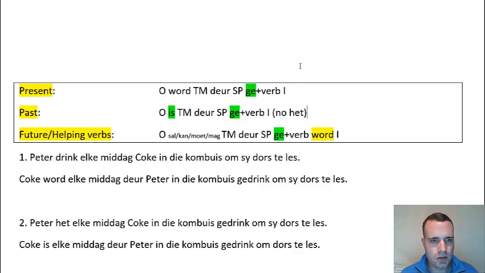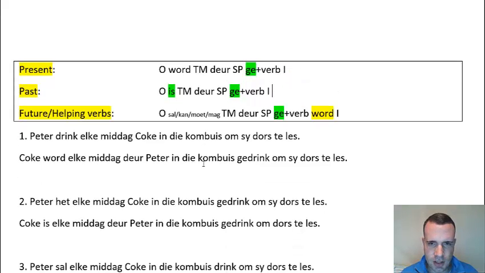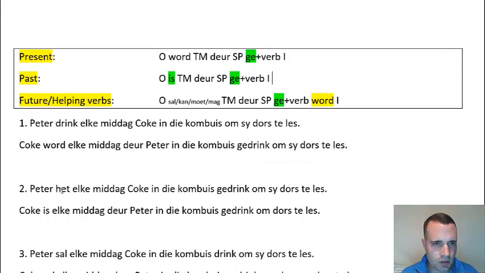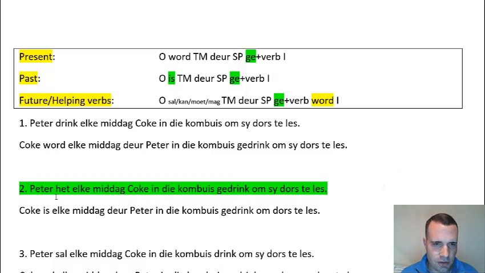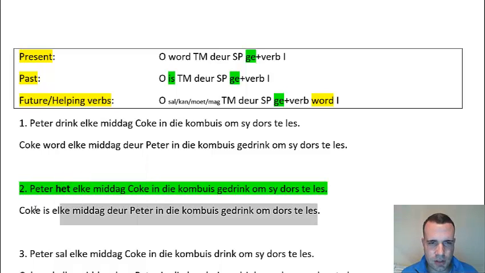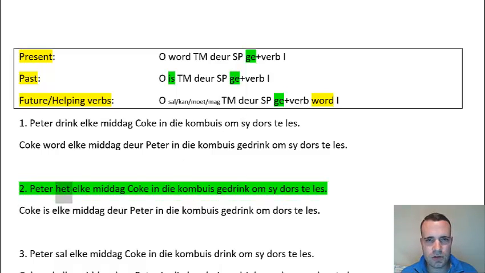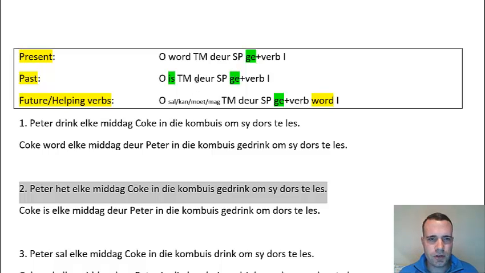Do you see a het? In our past tense example, the question has a het, but in the answer, there's no het. It's gone. It's not in the formula. It goes away for some reason. Don't ask me why. That's the third thing you need to look out for.